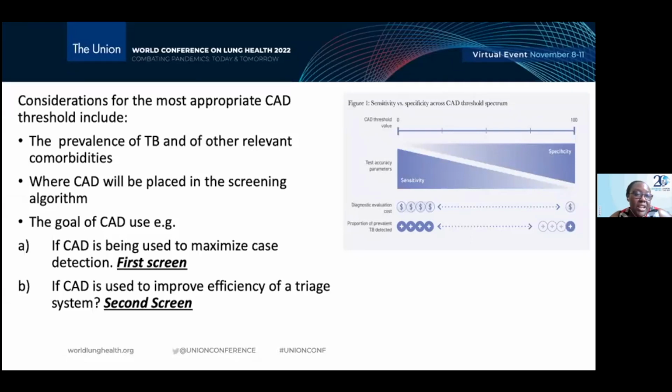And so we are looking at reducing the required duration. We thought that having CAD as a second screen would improve the efficiency of that triage system, so we don't have to collect so many samples and test them for TB when people don't really have TB.